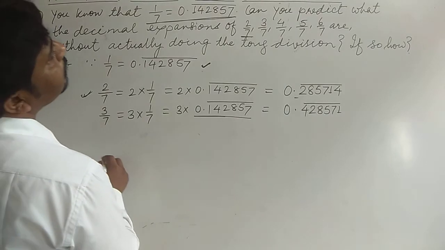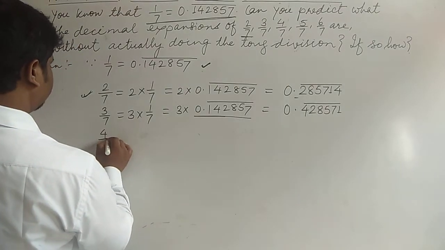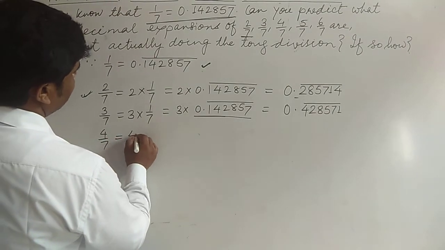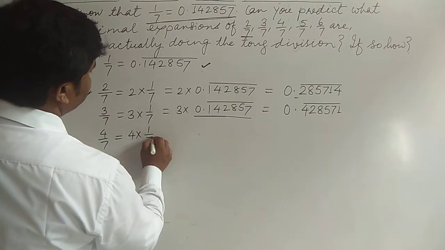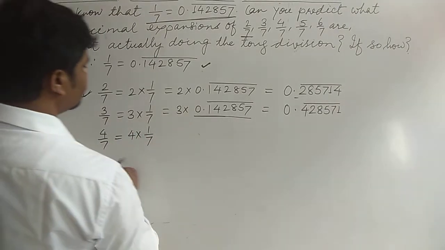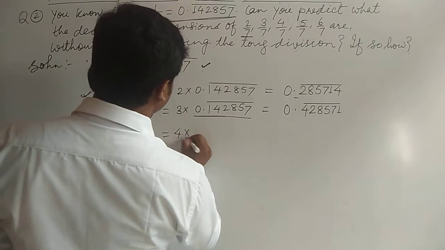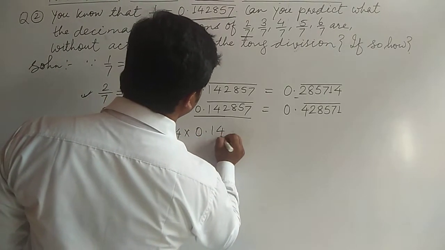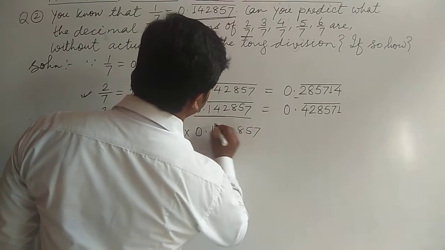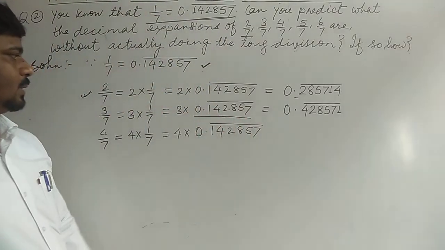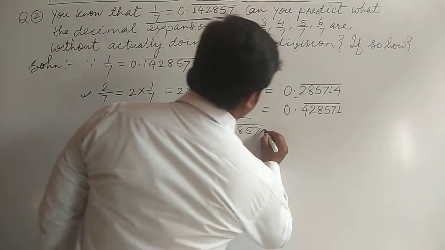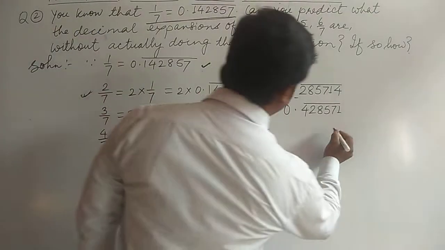Next, 4 by 7. 4 by 7 equals 4 into 1 by 7. We can do it. So 4 into 0.142857. Again we will multiply.